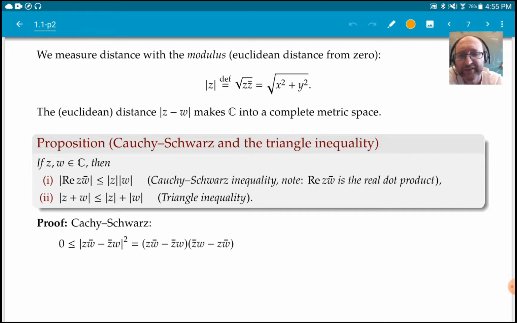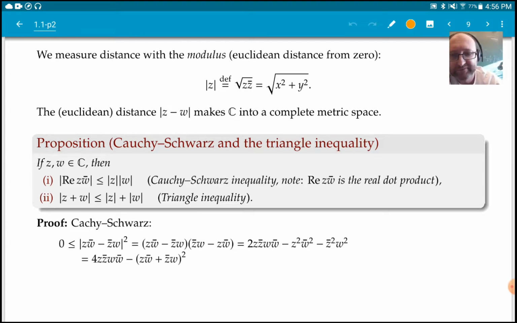So let's see. We expand this, and again, just like over here, if I take the modulus squared, I get rid of the square root, and the modulus squared of something is just that something times its conjugate, right? So that's what I'm doing here. And we just expand this guy.